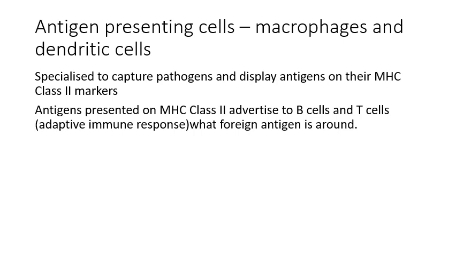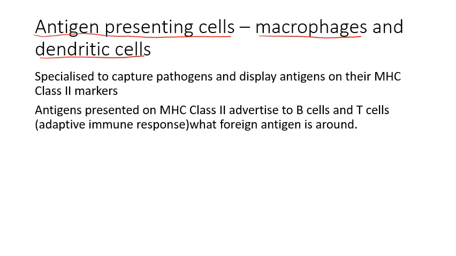And the last thing that we're going to have a look at is this concept of antigen presenting cells. So this only applies to the macrophages and the dendritic cells that we've spoken about today. It doesn't apply to the natural killer cells or the neutrophils or the mast cells, just the macrophages and the dendritic cells.